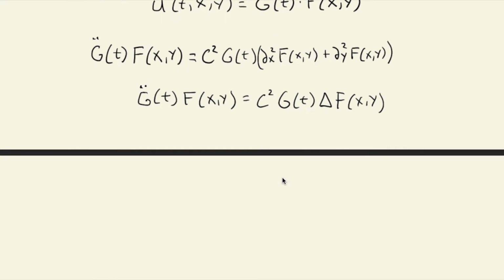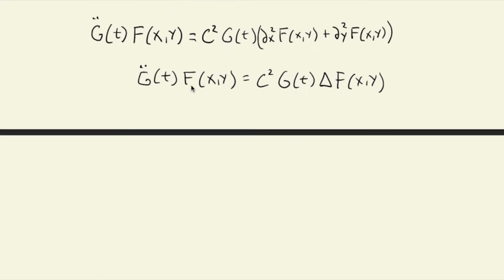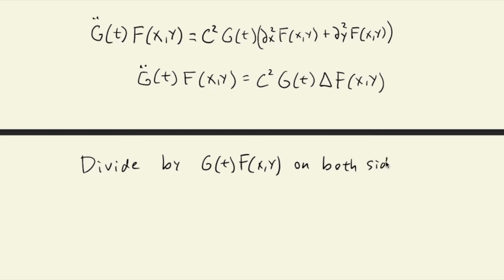And just like before, with this method of separation of variables, we divide by the function u, or by g times f, on both sides. Divide by g of t f(x, y) on both sides. So on the left side, the f's will cancel.